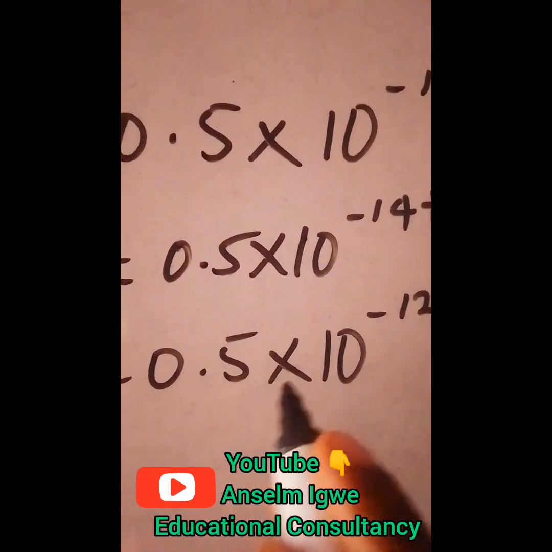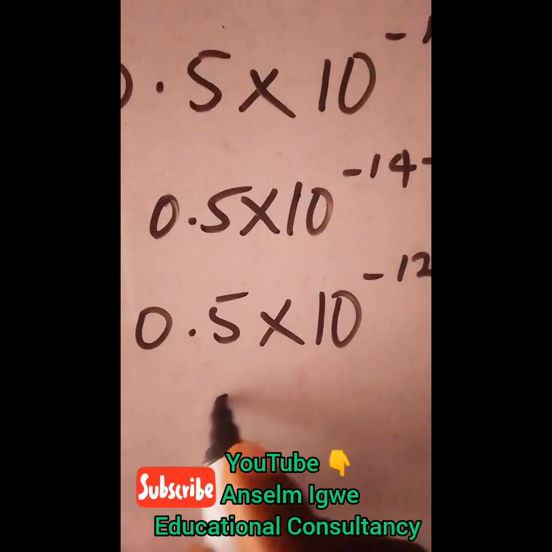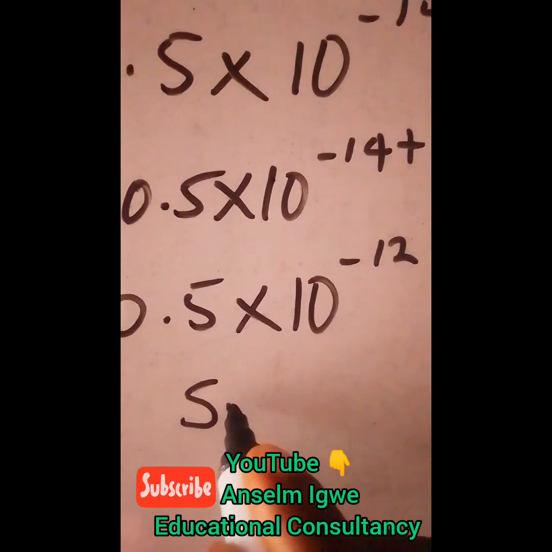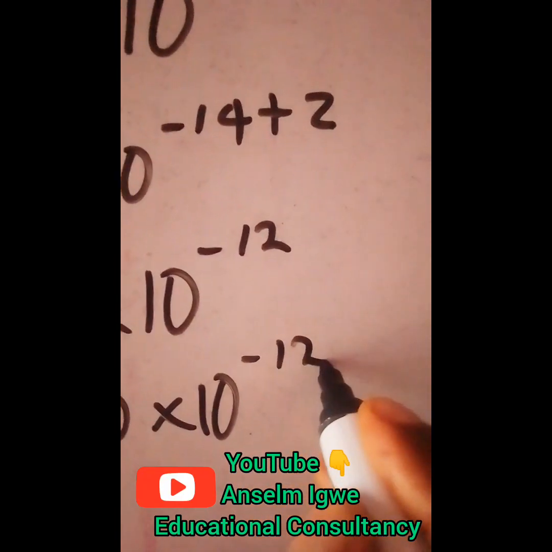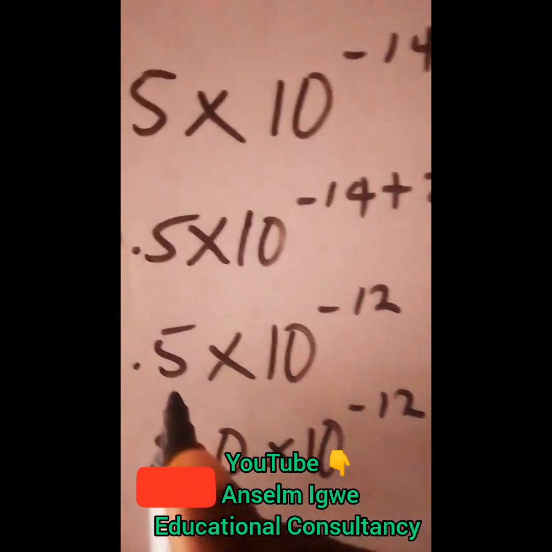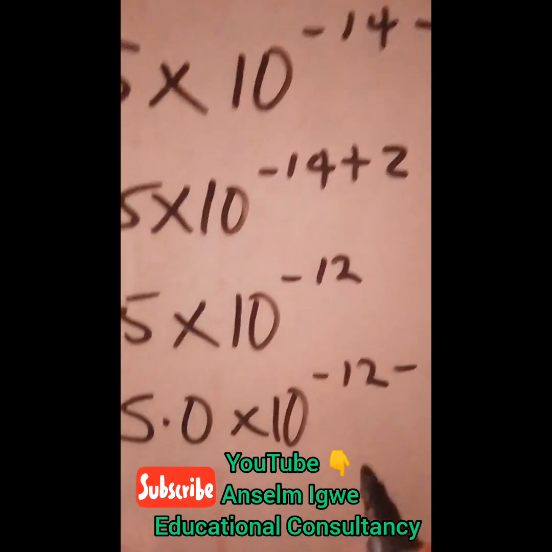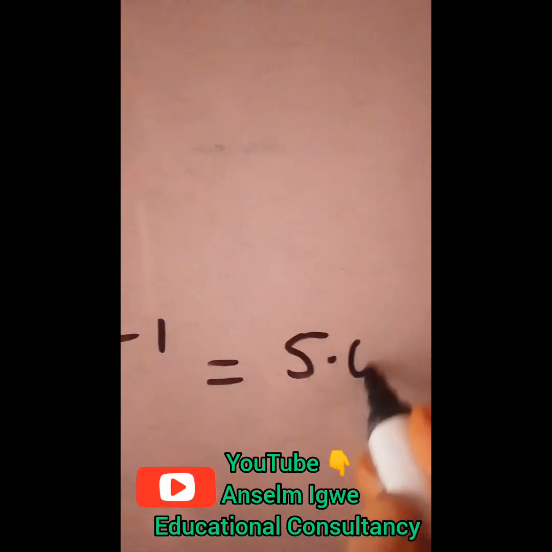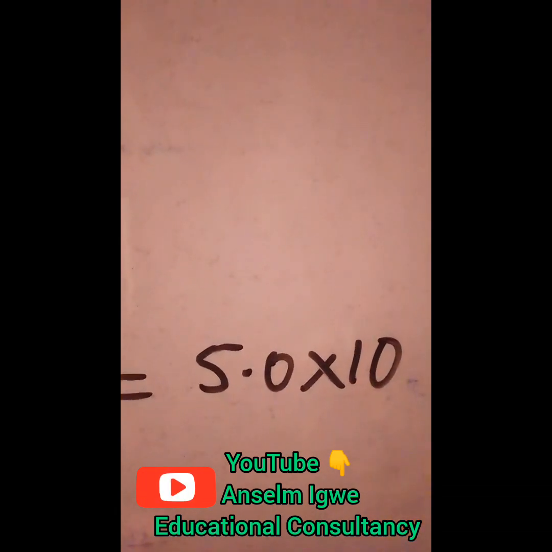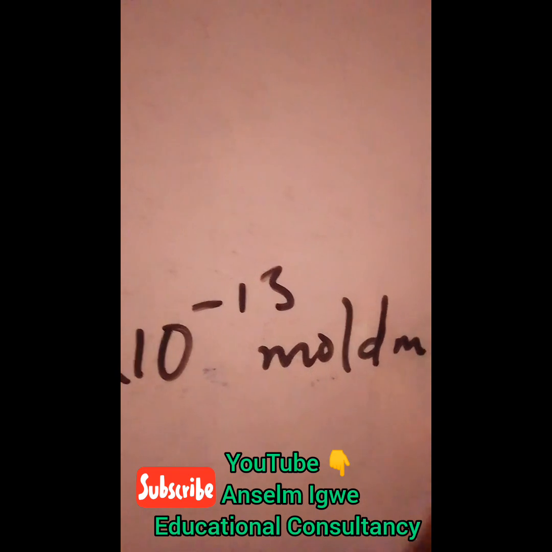So bringing this down to standard form, we shift point to the front and we have 5.0 times 10 raised to power minus 12. Because you shifted to the front to increase the number, you remove 1 from the power. And finally, our answer is 5.0 times 10 raised to power minus 13 mole per dm cube.